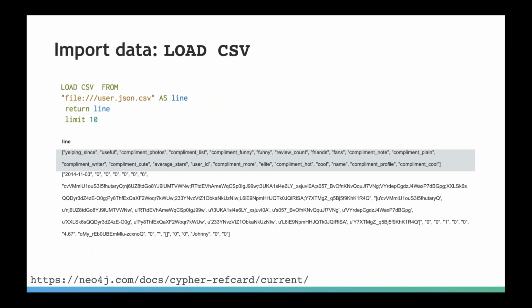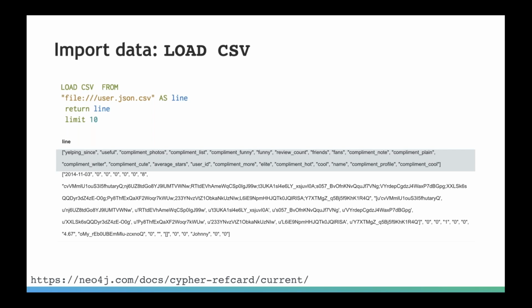So now I have this file called user.json.csv. And the first thing I do is I inspect the data in the file. And this is the clause that I write and the result that I get. And I'm limiting to 10 rows so that it won't get too slow.